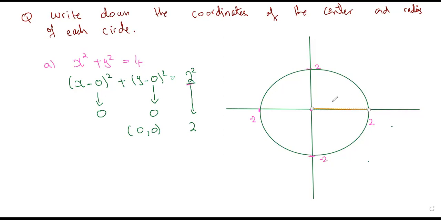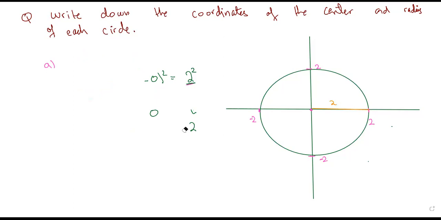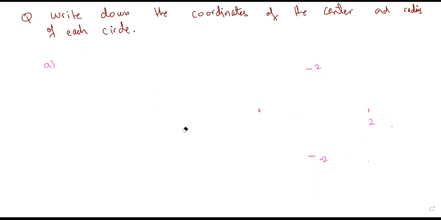Okay, let's talk about another example then. Let's say we have been asked to write down the center and the radius of the circle (x − 2)² + (y − 4)² = 100.